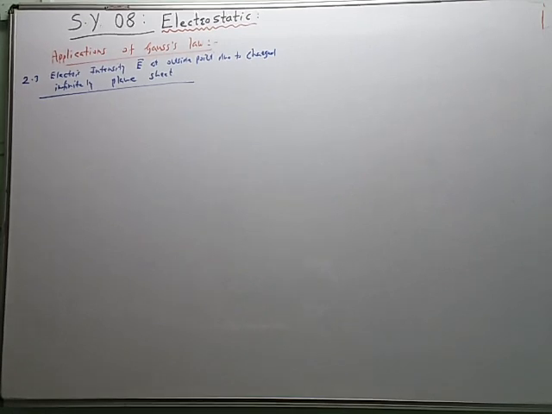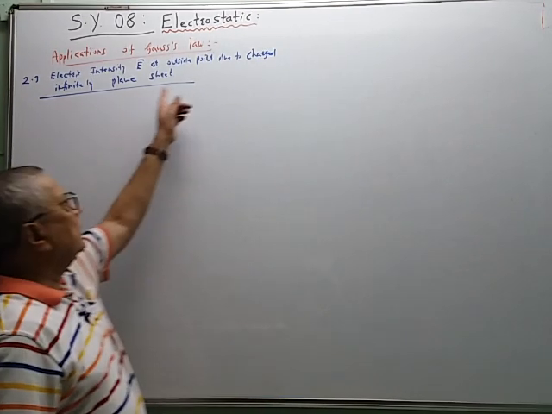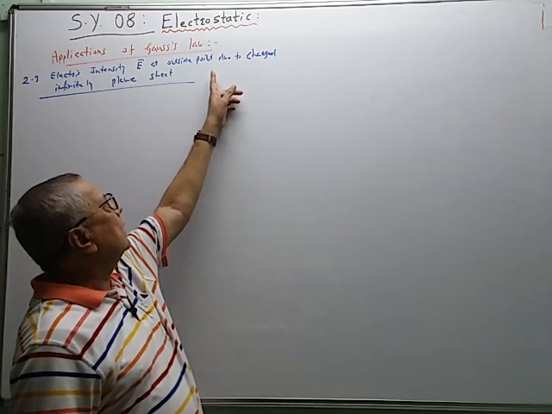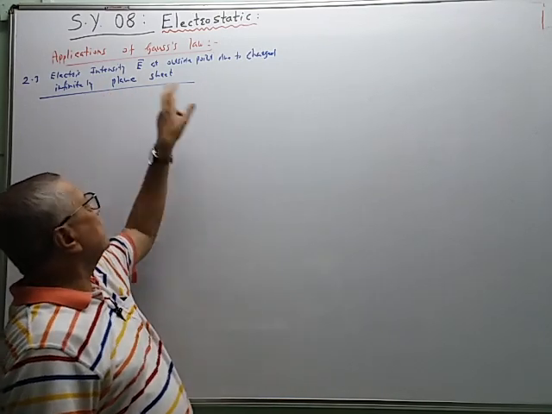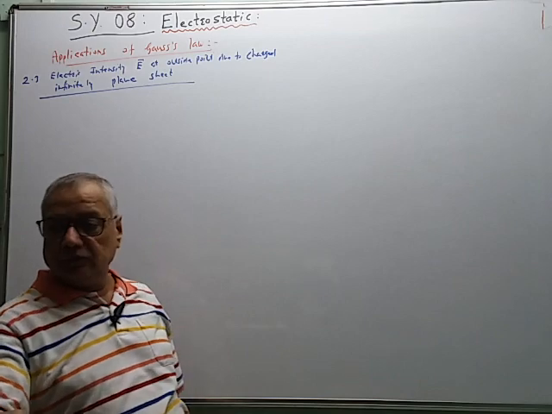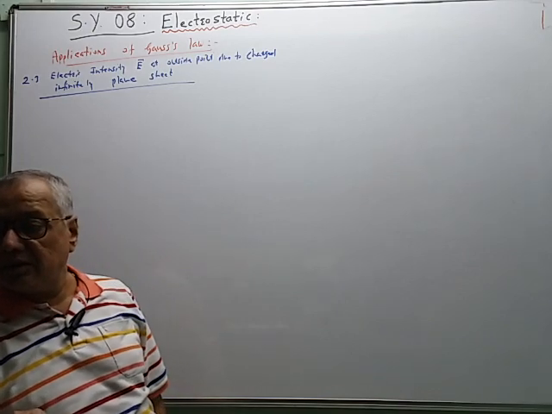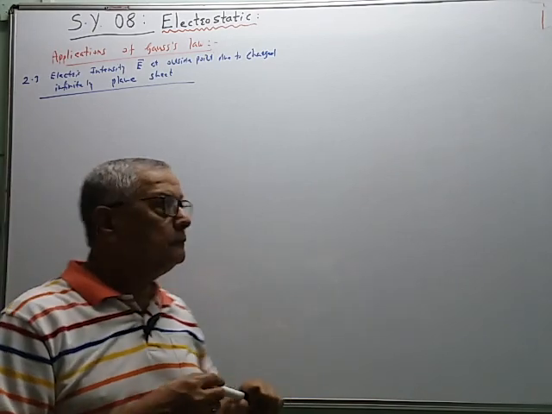So let us consider the next application: electric intensity at an outside point due to a charged infinite plane sheet. We are considering the sheet like this.